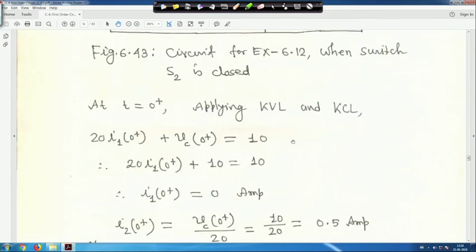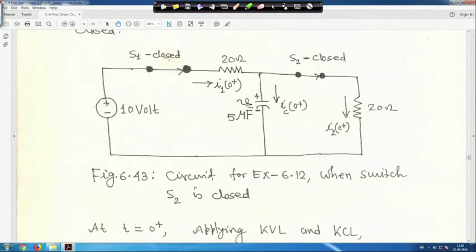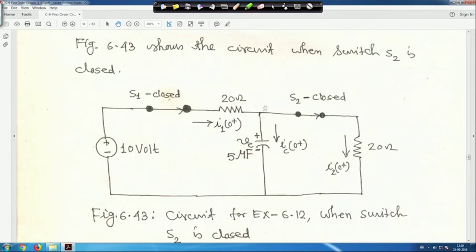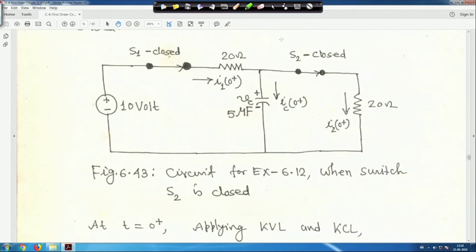If you come here, what will be your Vc(infinity)? The capacitor acts as an open circuit, so this is open.